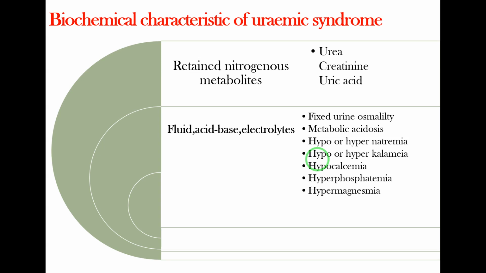The calcium will be decreased because the production of the active form of vitamin D, the final hydroxylation step producing 1,25 dihydroxy vitamin D, occurs in the kidney. So if there is a defect in the production of vitamin D, there will be hypocalcemia. Also, the parathyroid hormone will be affected, and hyperphosphatemia and hypermagnesemia also occur.